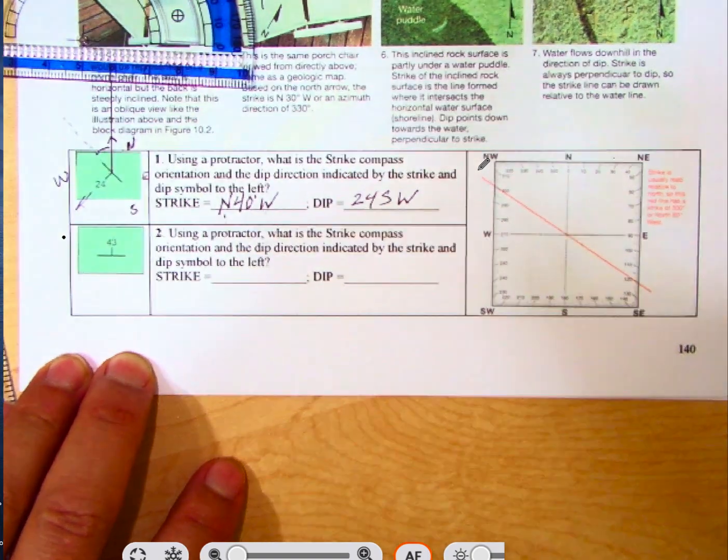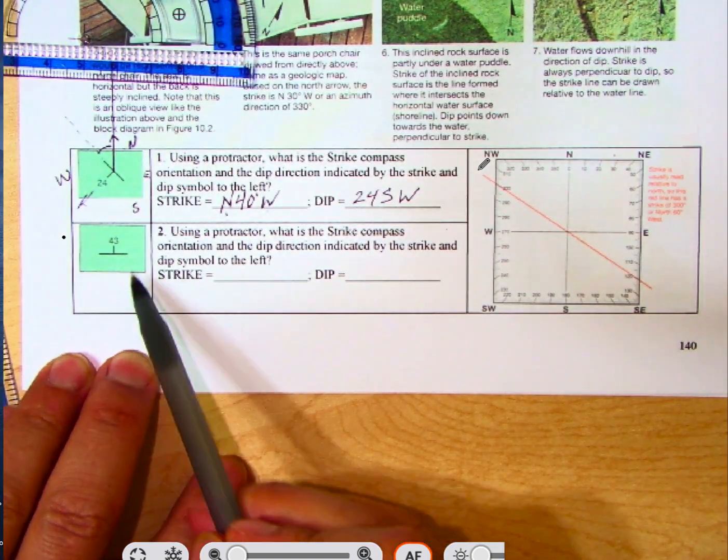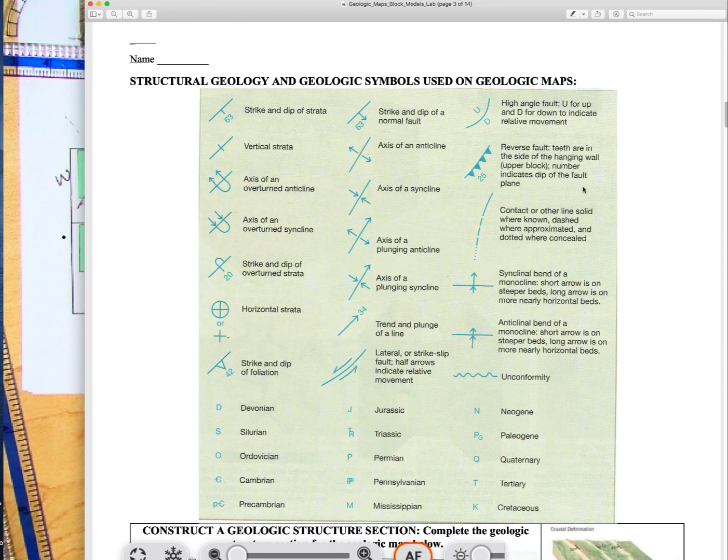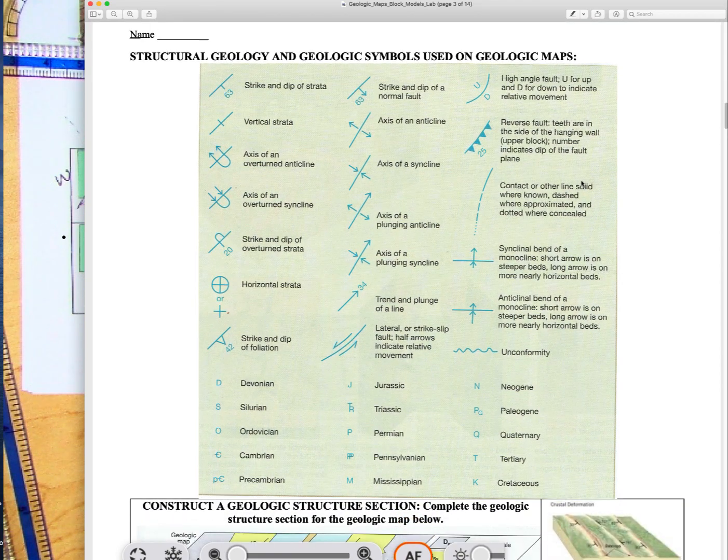All right, so I'll leave you to do problem 2. On page 141, there are some important symbols we use for geologic maps. Strike and dip symbols. We talked about the vertical strata and the horizontal strata. These are a little bit more complicated, where you have geologic folds that are overturned. But the more important ones I want you to know for the folds are these. This line here represents the axial plane of a fold.